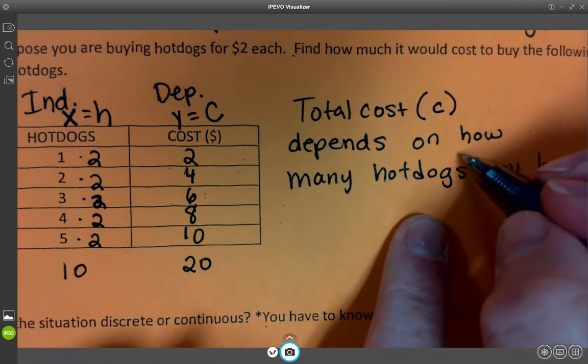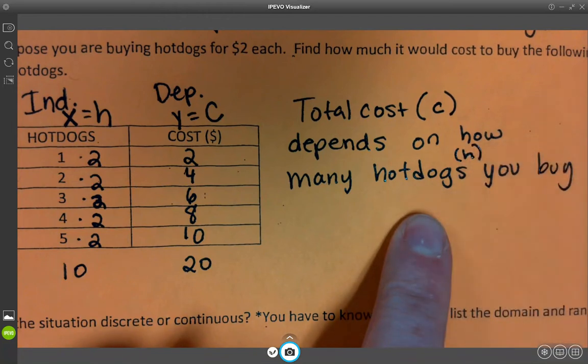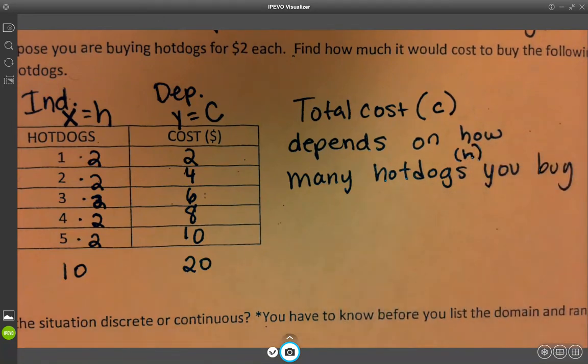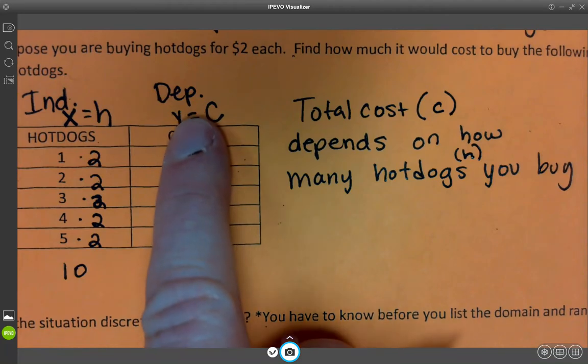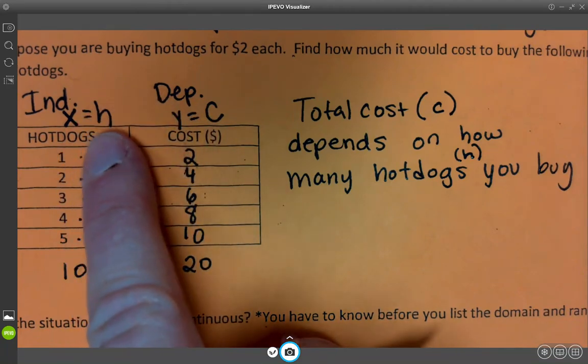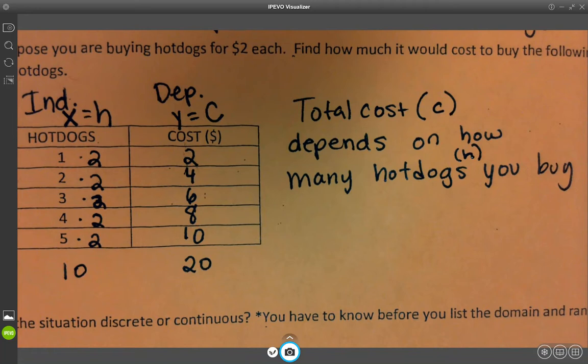Hot dogs is going to be H. So we have two variables. Total cost is dependent. Hot dogs is independent. You can decide to buy one hot dog, no hot dogs, 100 hot dogs. You get to decide that. So that makes it your independent.